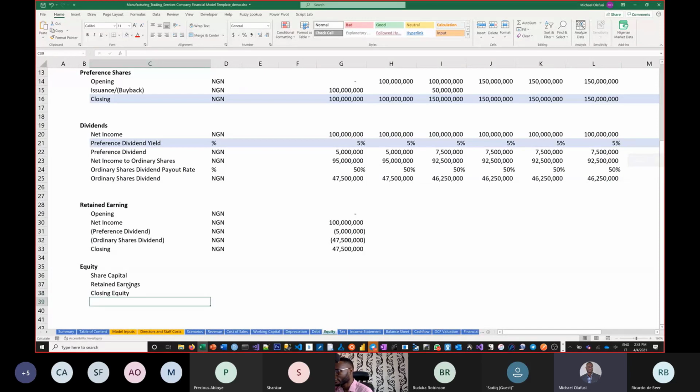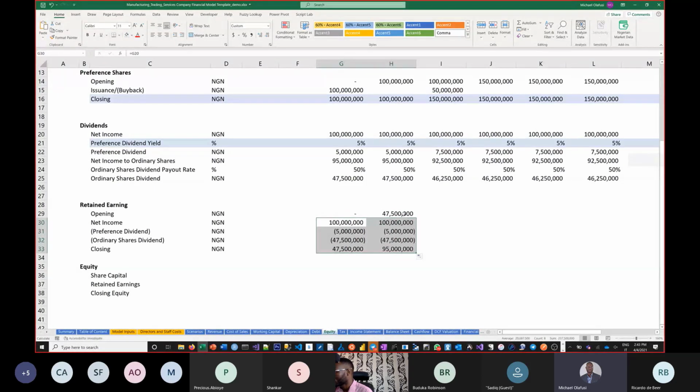So this is going to give us the equity anyway. So let me drag all of this. We always know that the opening is always equal to last year's closing. Okay, and I can just drag all this, right?